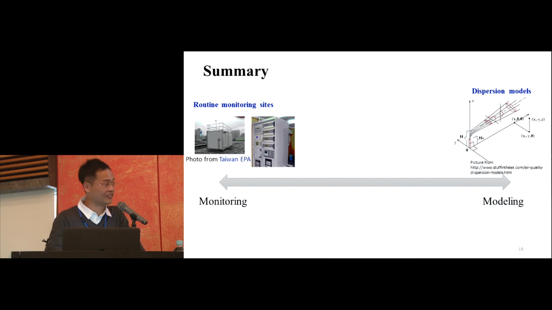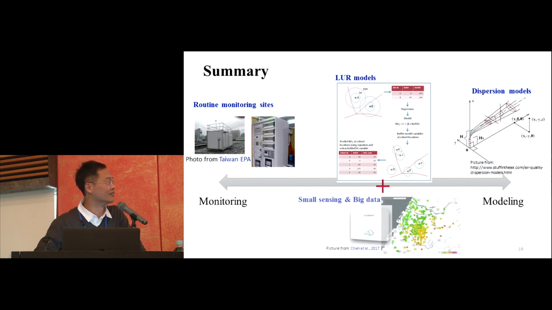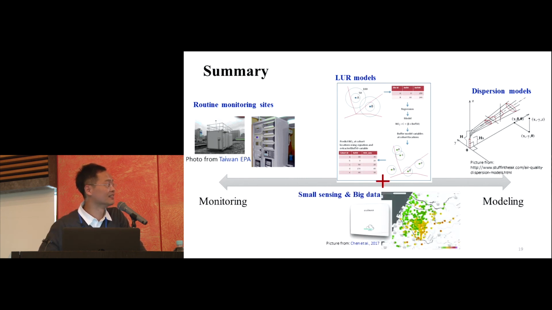But I choose an intermediate option, the LUR model. It is relatively simple to use compared to the dispersion model. And right now we have small sensors and big data in Taiwan, even in Taipei City. So I combine these two tools and data. I can make some new LUR models for the future, as useful tools for exposure assessment.